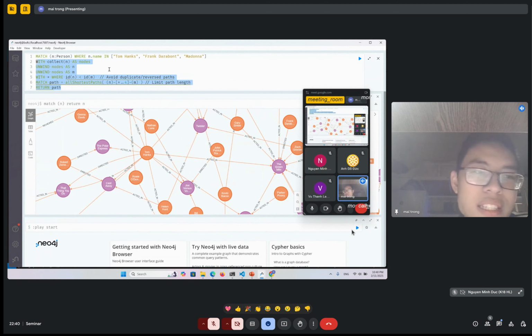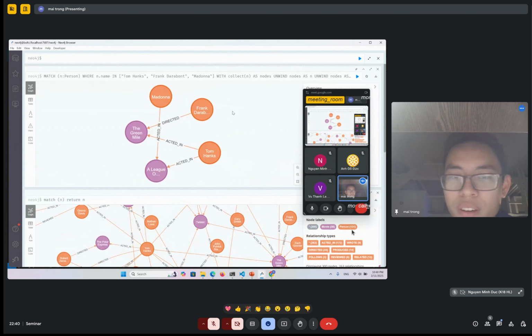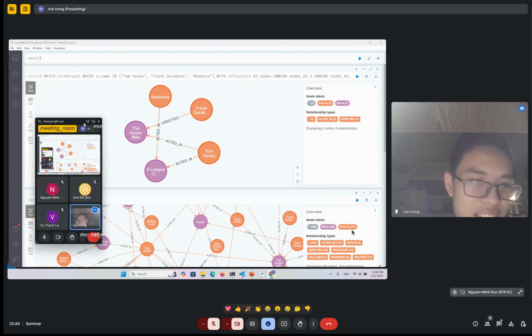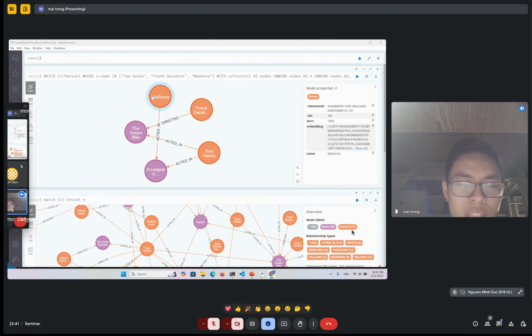After trying, you may see why GraphRAG is good when you define your problem well. Okay, so you know that this is the connections between three actors. Okay, I just need to run this back.